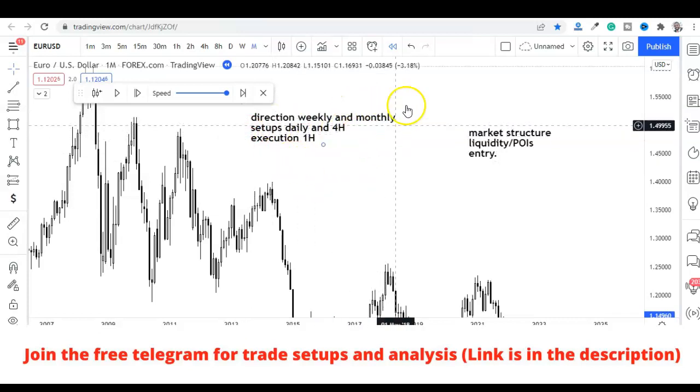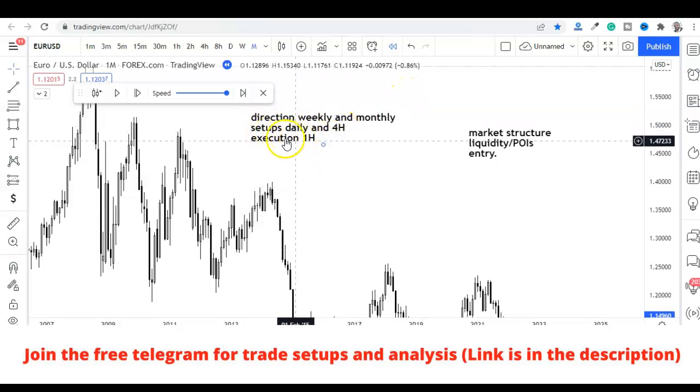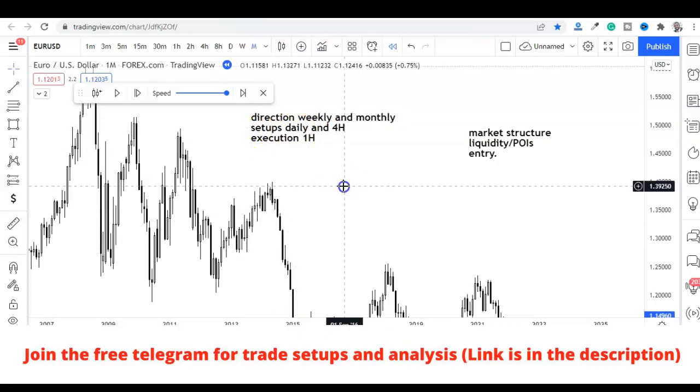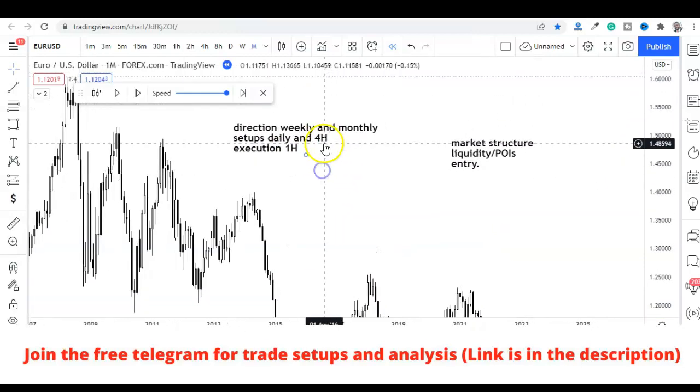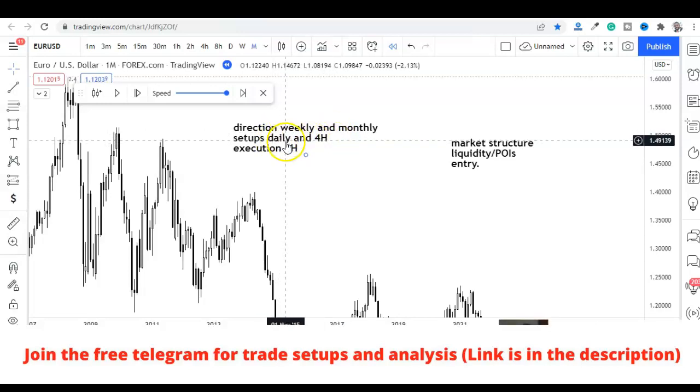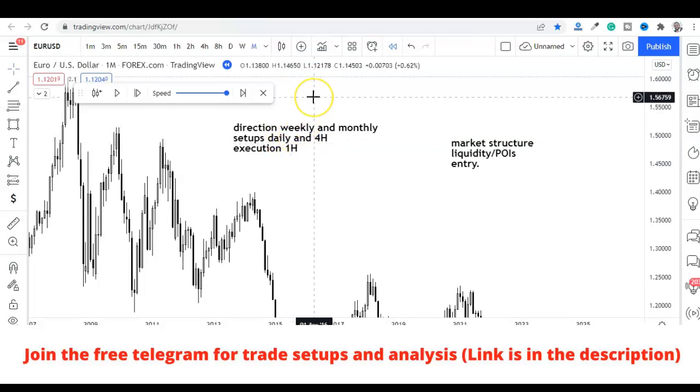Then once you know your direction, where you expect price to go to, you then go to your daily and your 4 hours for your setups. Okay, daily and 4 hours for setup. And in this particular case, we saw the bullish QM form on the 4 hours, which also is in line with the expected pullback on the daily.